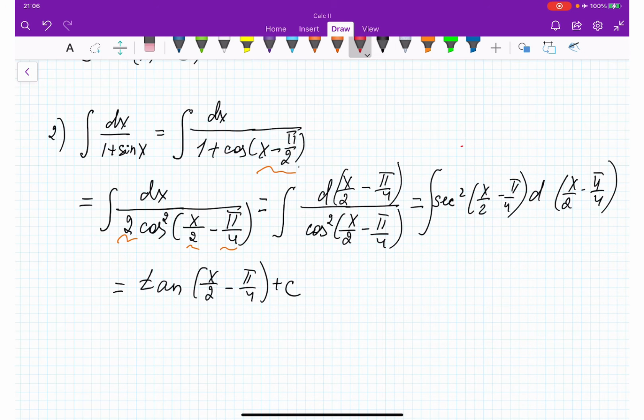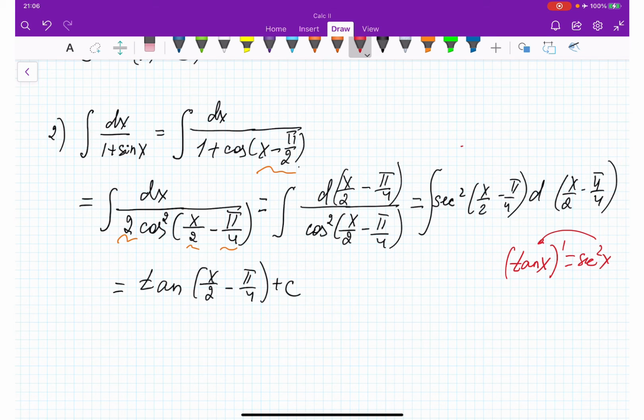I know that the derivative of tangent x is equal to secant squared x. Therefore, the integral of secant squared x is equal to tangent x. And that's how I do it. At least, I don't memorize integrals. I go through derivatives.